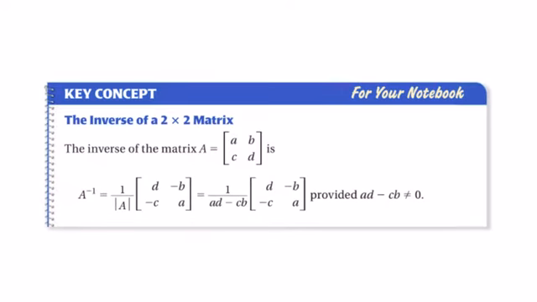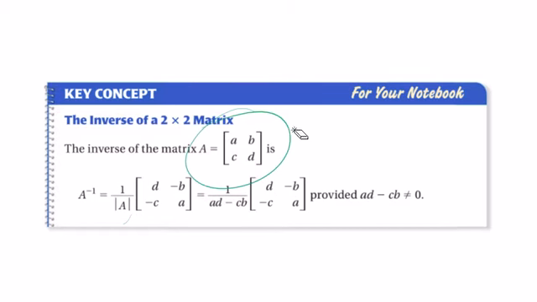Here is the formula to find an inverse for a 2 by 2. I have 1 over the determinant of A, which you can find using the formula we remember from 3.7, AD minus BC. Then some black magic happens with the original matrix.